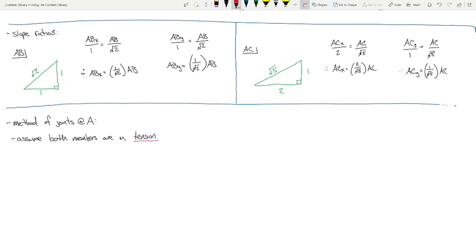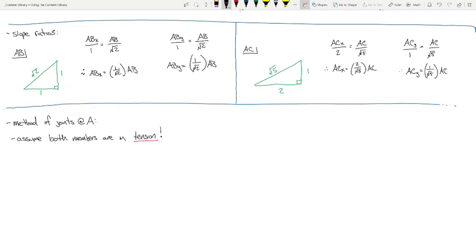I'm going to assume both members are in tension, because I'm going to let the math do the work for me. If I assume they're both in tension, then when I solve this out, if I get a positive answer, that means the assumption is correct and it is in tension. If I get a negative answer, it just means it's in compression, okay? So whenever you're doing math like this, it's a lot easier to just make blanket assumptions and let the math work itself out. You'll see what I mean here in a second, okay?